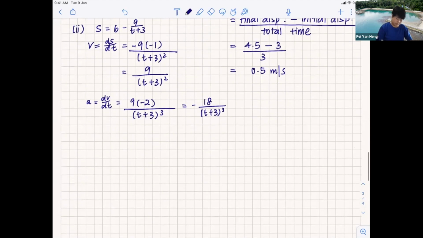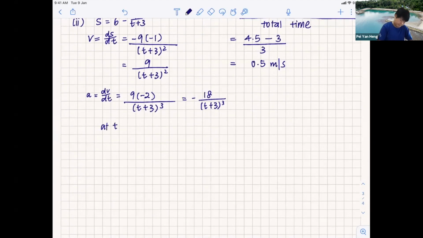And so at t equals 3, acceleration will be minus 18 over 3 plus 3 whole thing cubed. You will get minus 1 over 12 meters per second squared. That's the unit for acceleration.